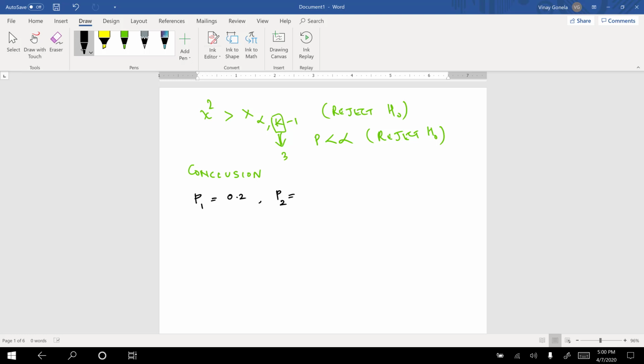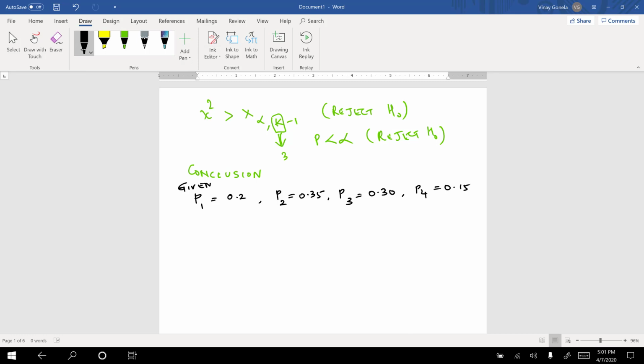The second brand would be 0.35, the third brand would be 0.30, and the fourth brand is 0.15.